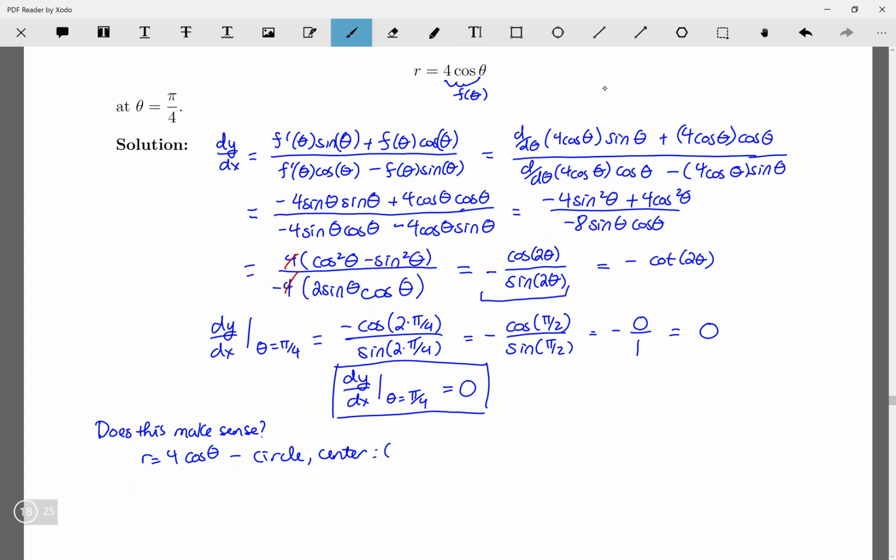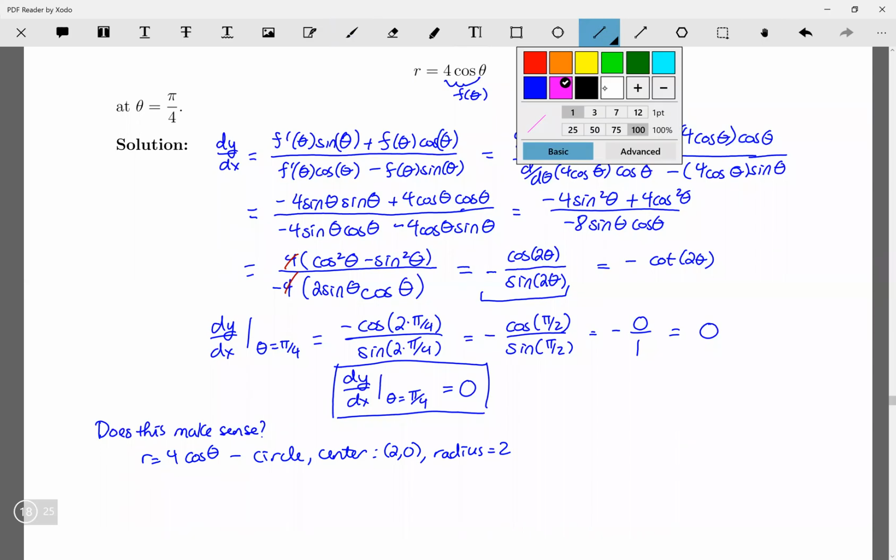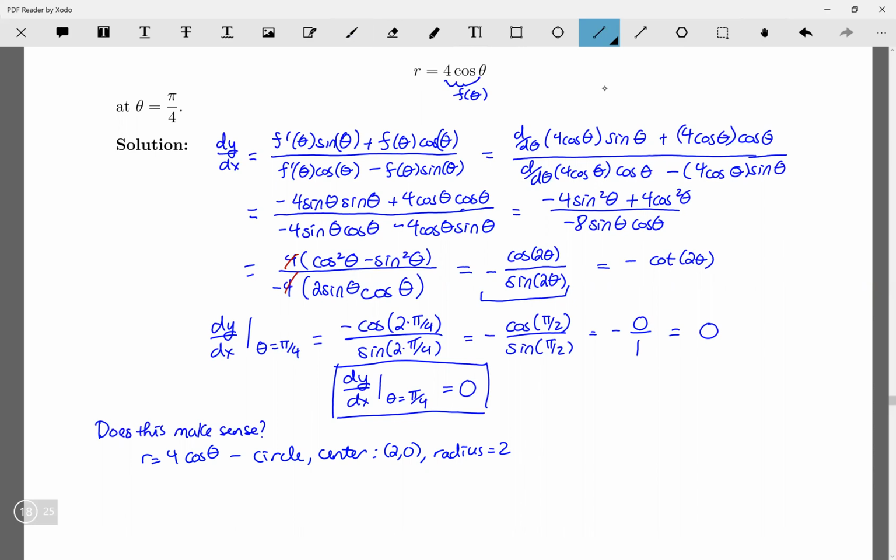Center is 2, 0, and the radius is 2. So if I sit down and draw myself a circle, what does my circle look like? Something like this.